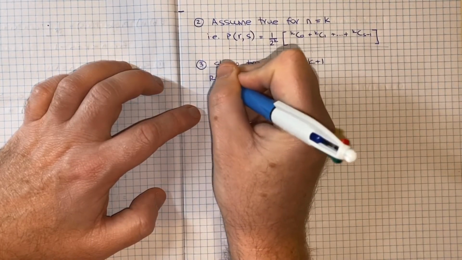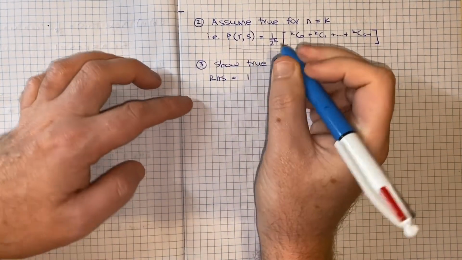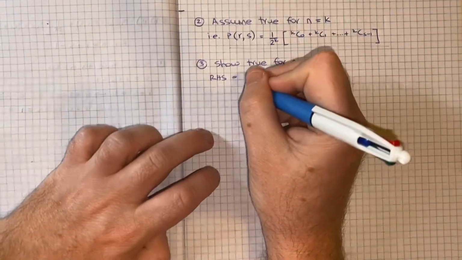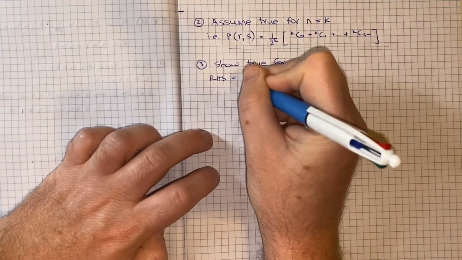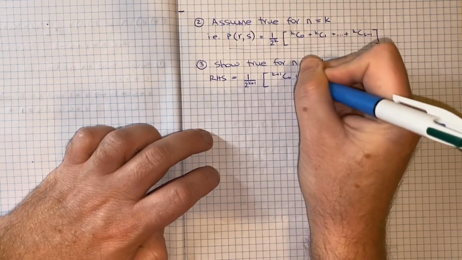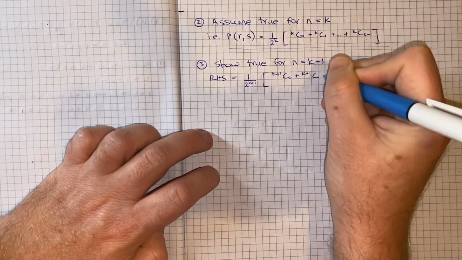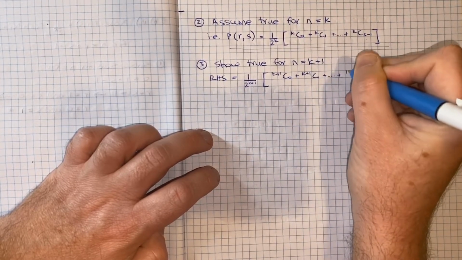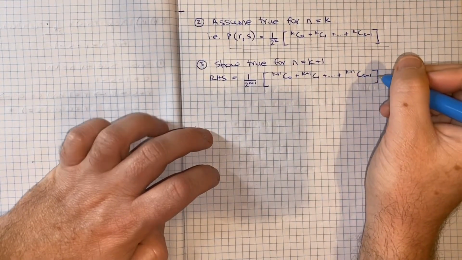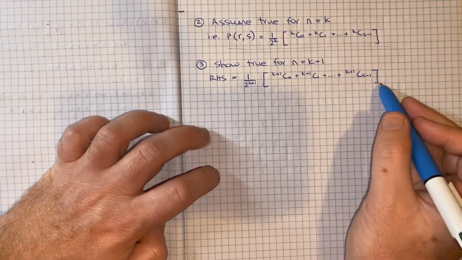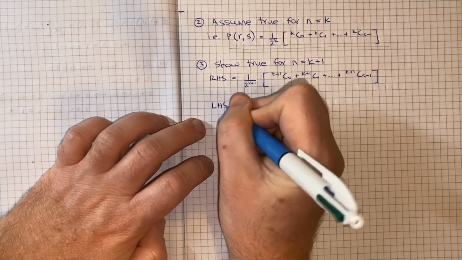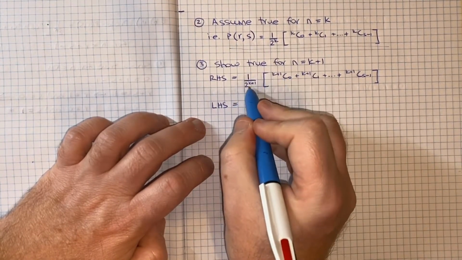So the right-hand side would be equal to 1 on 2 to the k plus 1 times (k plus 1)C0 plus (k plus 1)C1 and so on up to (k plus 1)C(s minus 1). So that's the right-hand side, and I think the real hard work is going to be to show that the left-hand side can simplify to that.